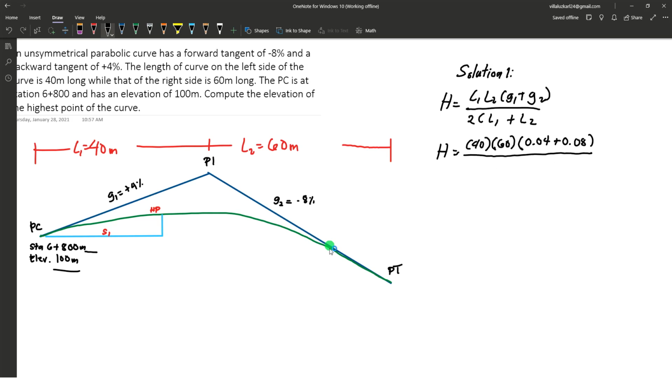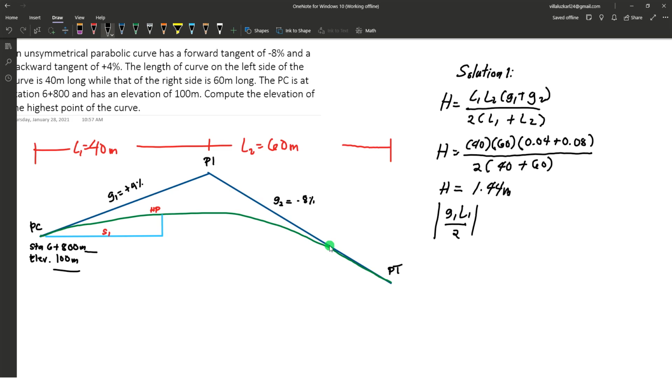Okay, 2 times L1 plus L2, 40 plus 60. So the computed H, when we compute this, we will have an answer of 1.44 meters. Then take the absolute value of G1 L1 over 2.